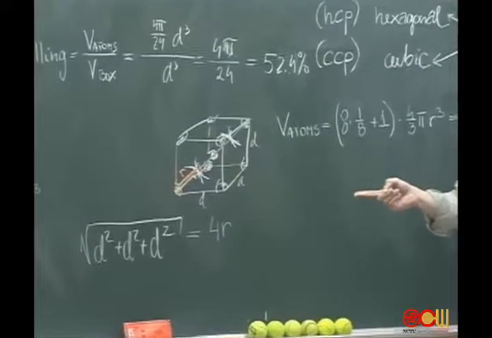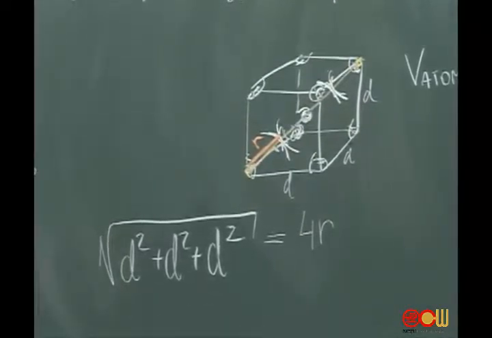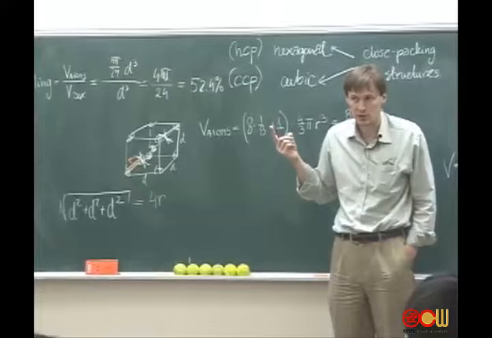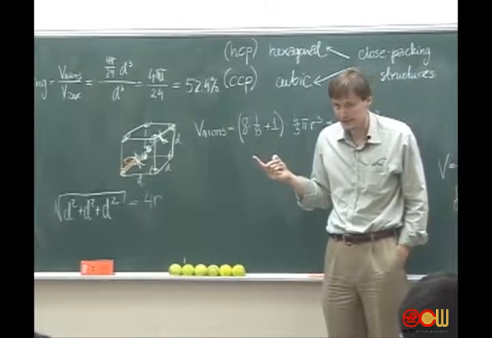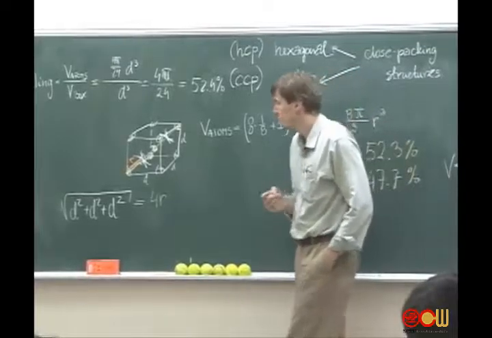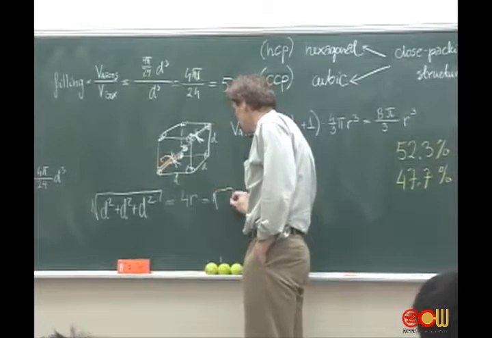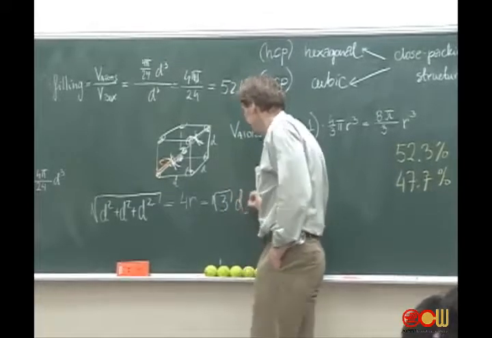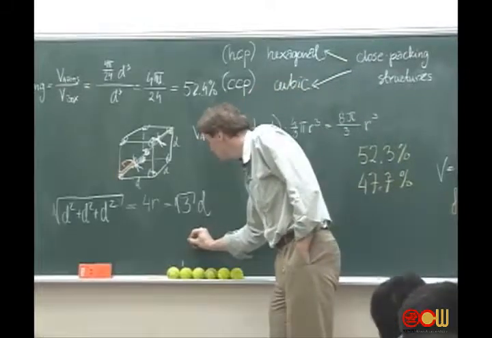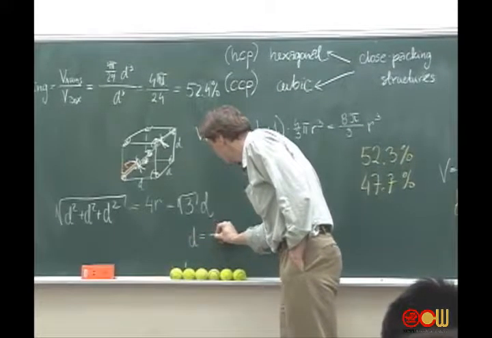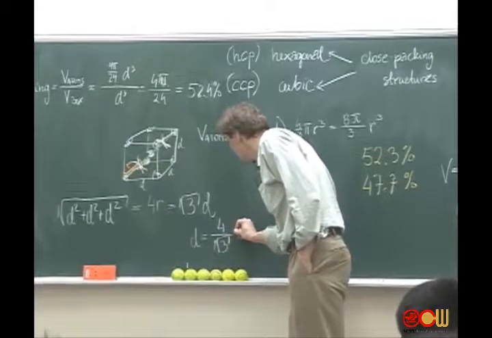Is it difficult or not? Yeah, you understand why this is that, or somebody wants me to explain? If somebody wants to explain, ask now. Everybody understands? So I'm finding from this that d is equal to 4 over square root of 3 times r.